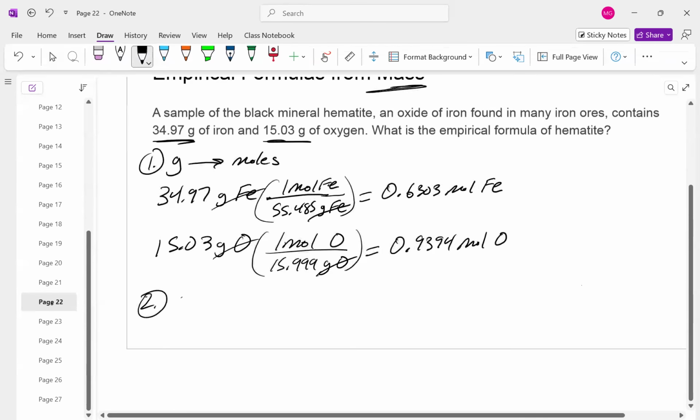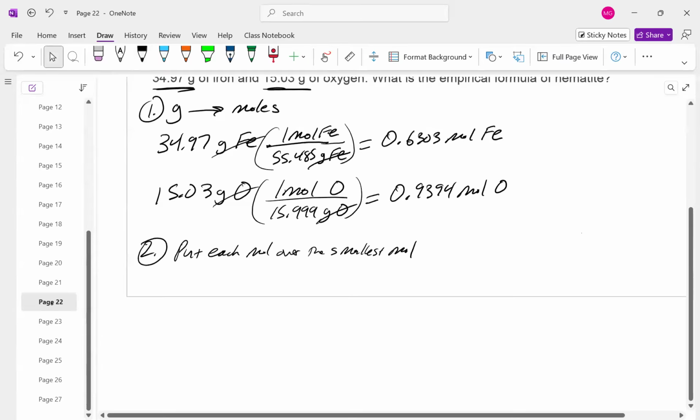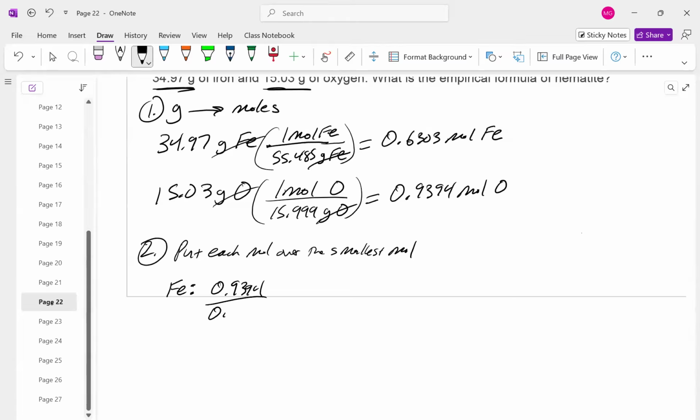Okay, so put each mole over the smallest mole. So for iron, that looks like this. And that comes out to 1.49.